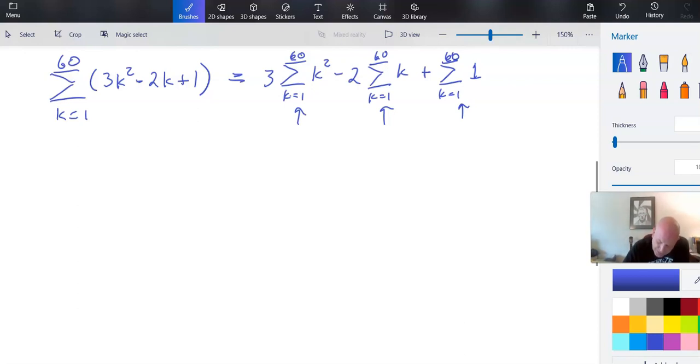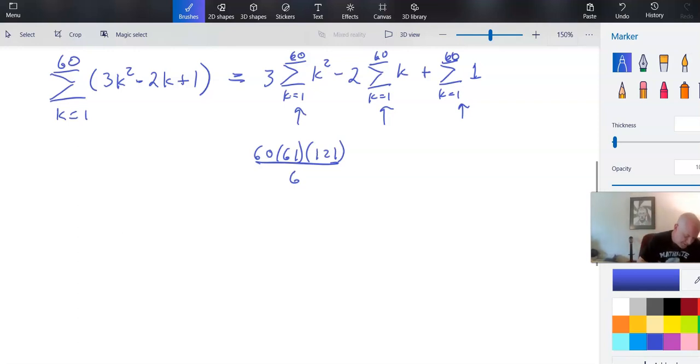So this one, since it's k squared, it's going to be 60 times 61, and then the last factor in this product is 2 times 60 plus 1, that's 121, over 6. Let's go ahead and get a hold of this one now. I'm going to use a calculator for this.